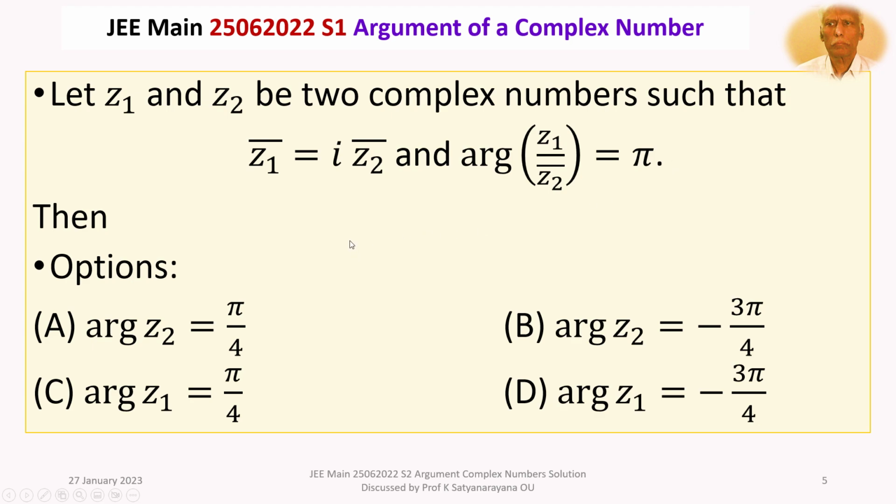Then we have to find the argument of Z1 and the argument of Z2. So one of them satisfies one of the given four options.